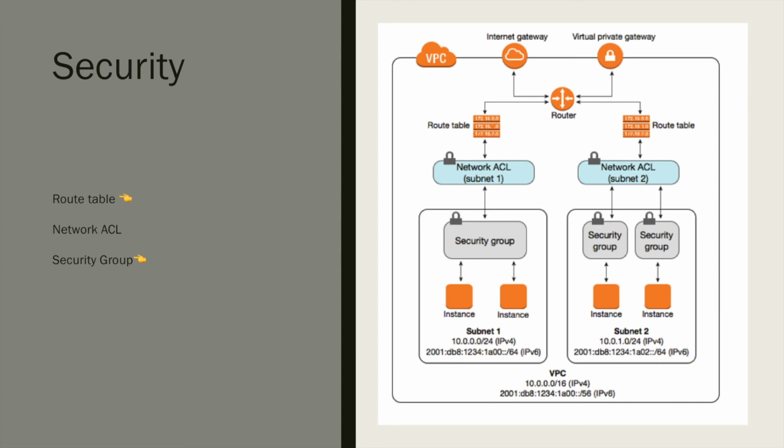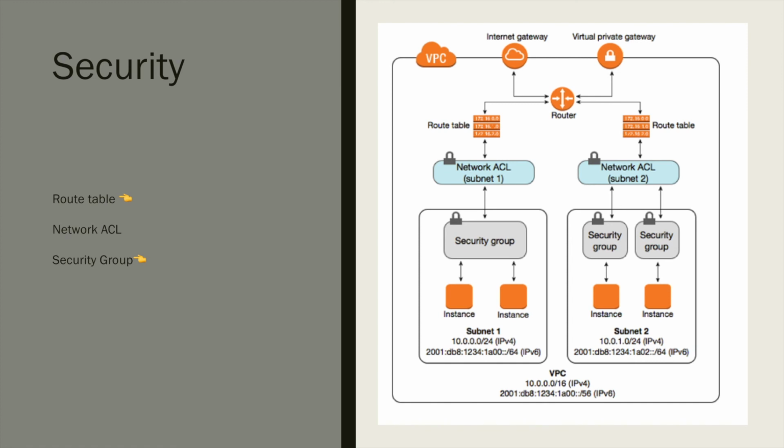In the VPC, we use 3 methods to control security. One is the route table. The second one is the network ACL, sometimes called NACL. And the third one is the security group. On the right side of the picture, we can see where they are placed.